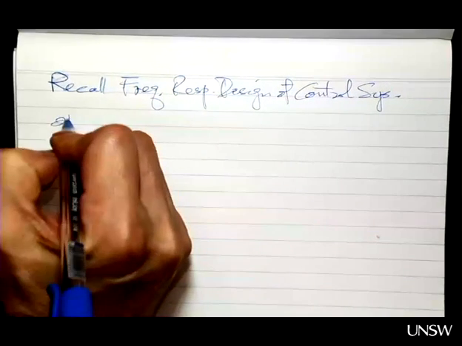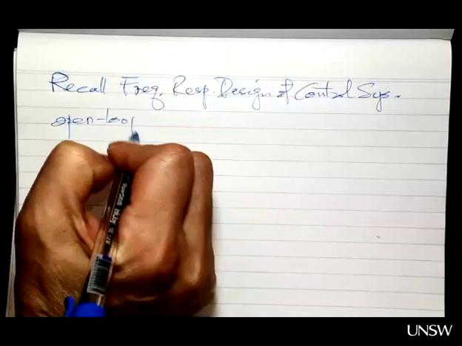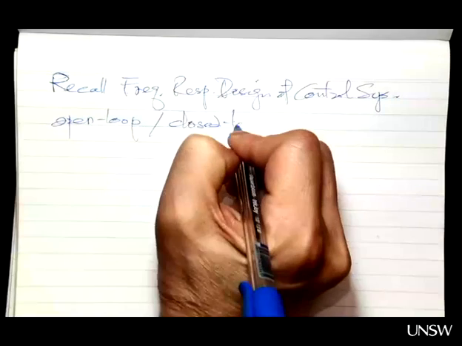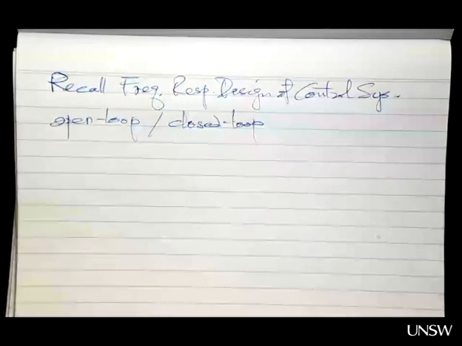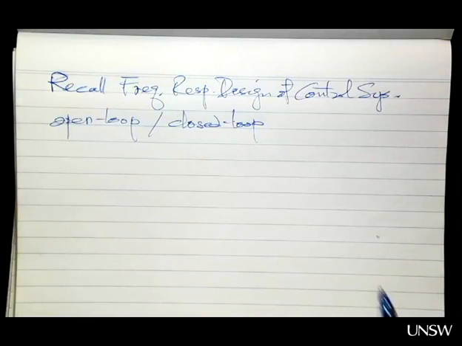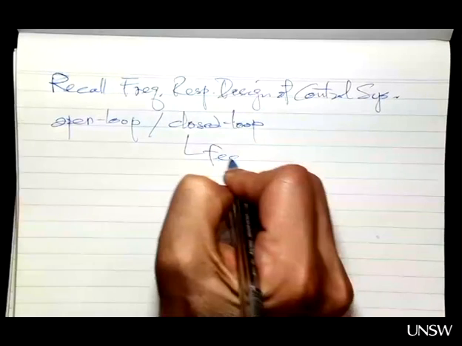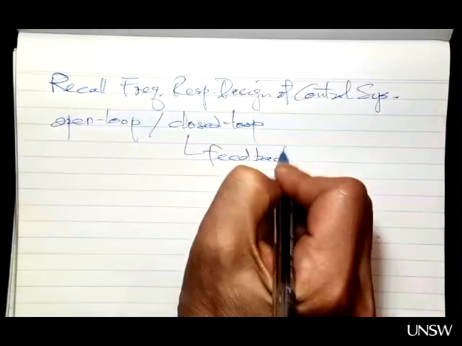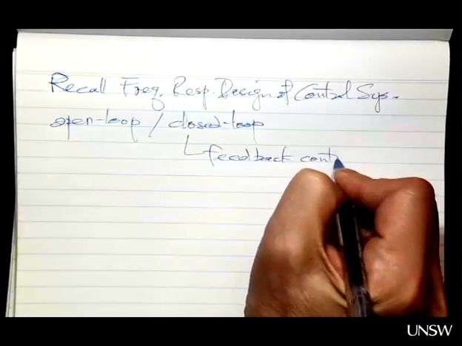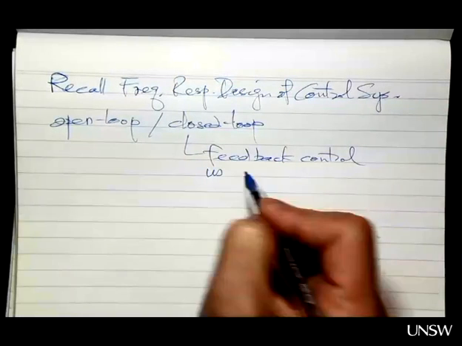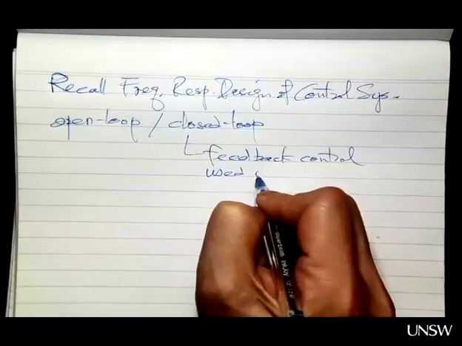We have the open loop and closed loop systems. The closed loop system is kind of a feedback control. And then this kind of system, the feedback or closed loop system, is used in practice.